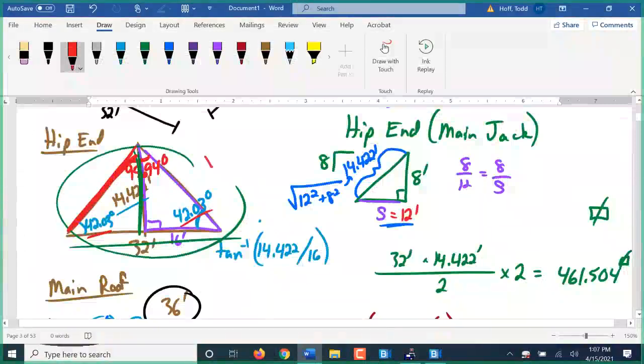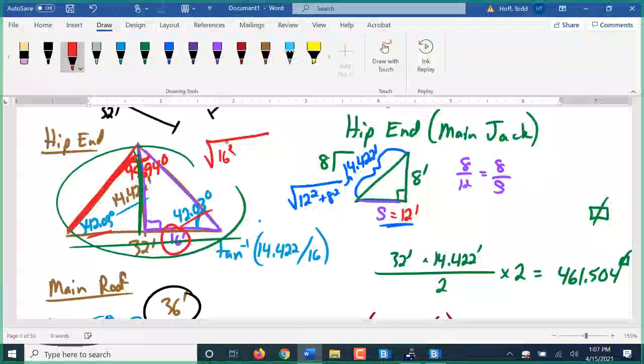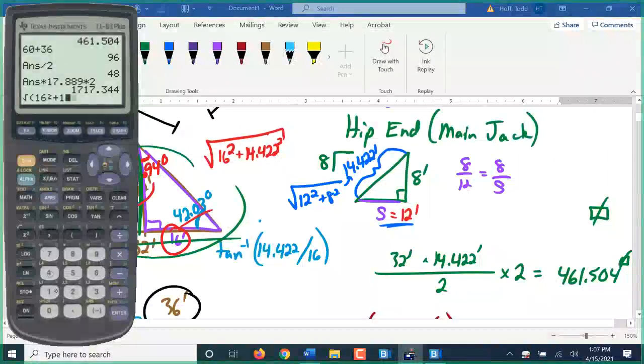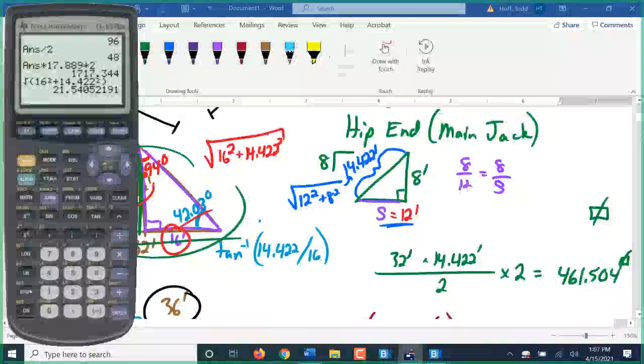That length is just going to be the square root of 16 squared. That's the run. Plus 14.422 squared. It's 21.541 feet.